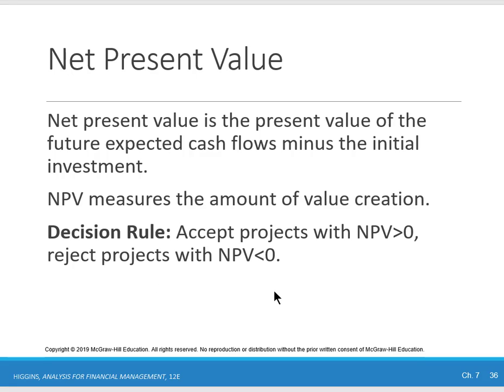You reject projects if they're less than zero because they would be detracting from value. Now, what you might notice is missing here is the equal sign. I'll talk about that a little bit later, but just remember for taking a quiz or maybe in the homework, if it asks you a specific kind of question, the equal sign is not part of the decision-making process. It's either greater than 0 or less than 0.